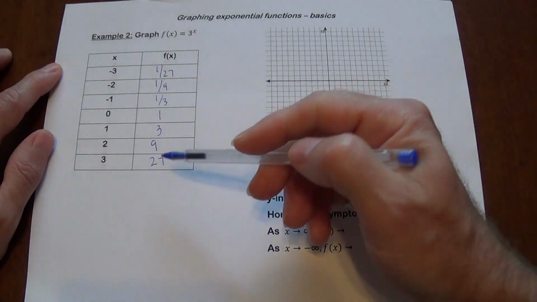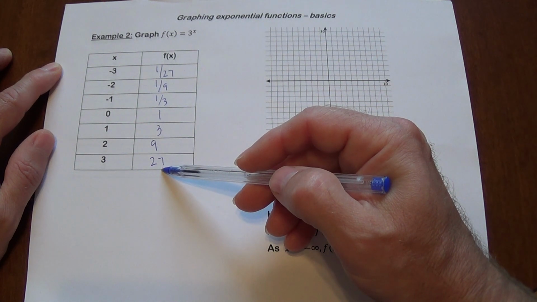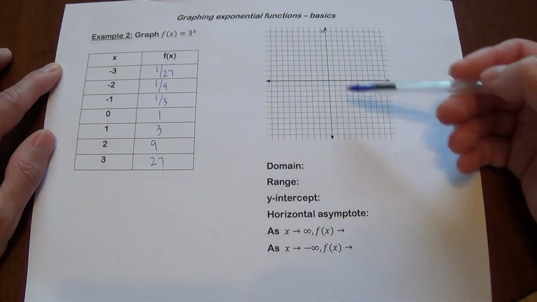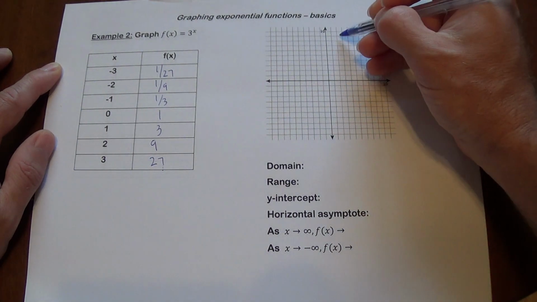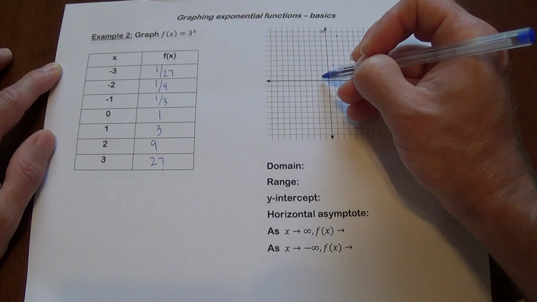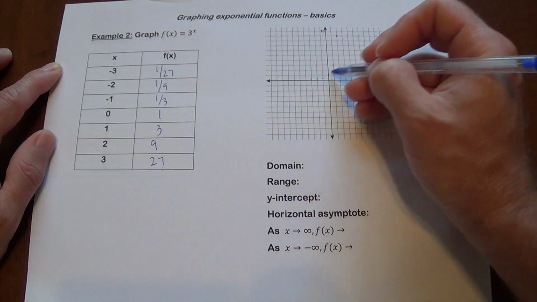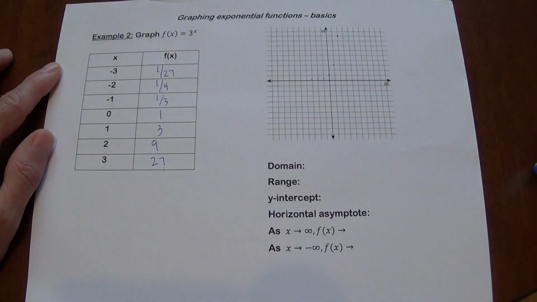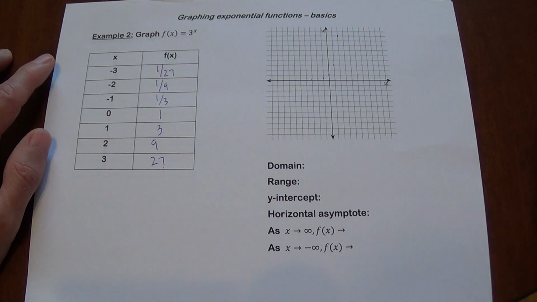At this point we do not have enough space here to plot that. This point does exist, it's a valid point, but we just don't have enough room because this only goes up to 10. But 2, 9, 1, 3, 0, 1, 1/3, 1/9, 1/27. This is going to start getting very difficult to get these fractions accurately, so we just do our best.